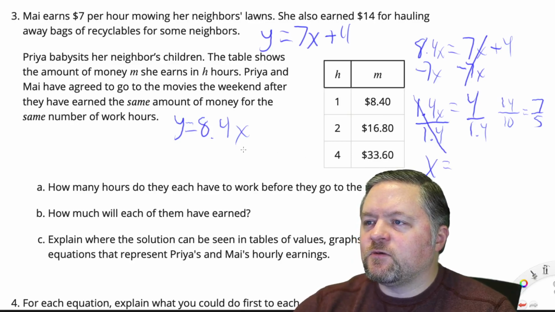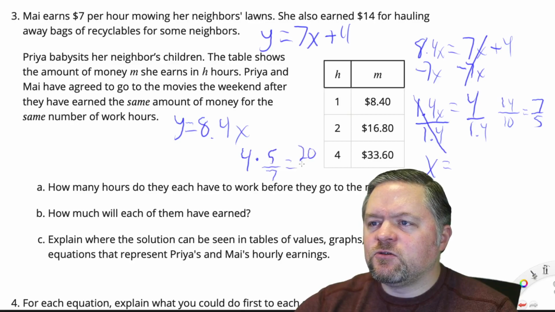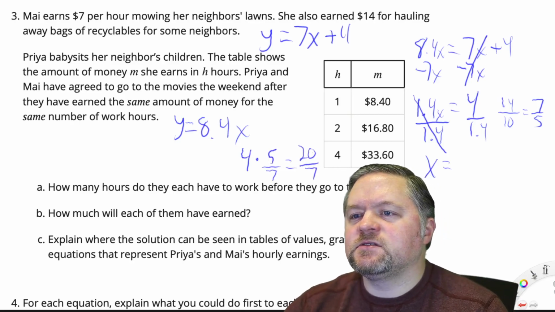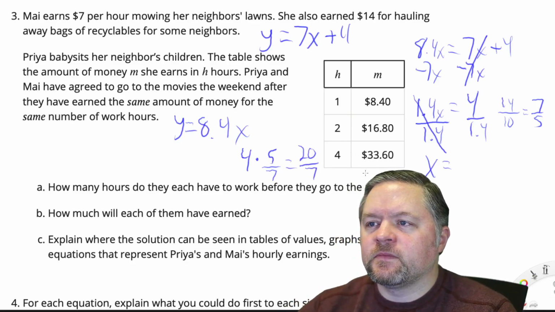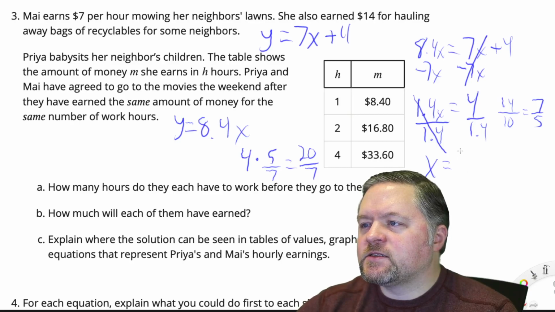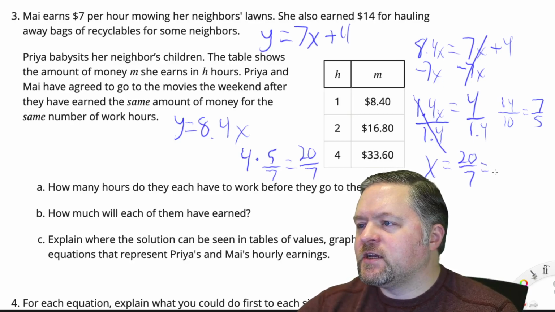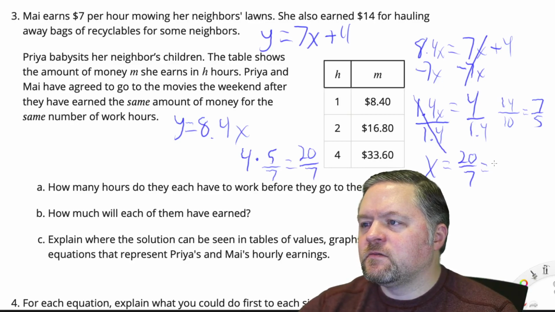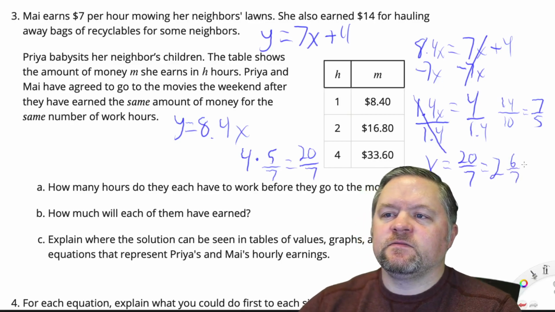So we have to do 4 times 5/7, which is 20/7. So x equals 20/7, which is 2 6/7.